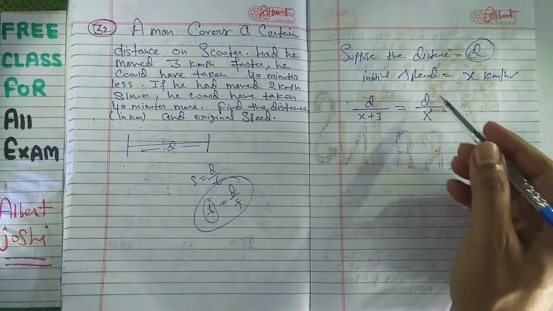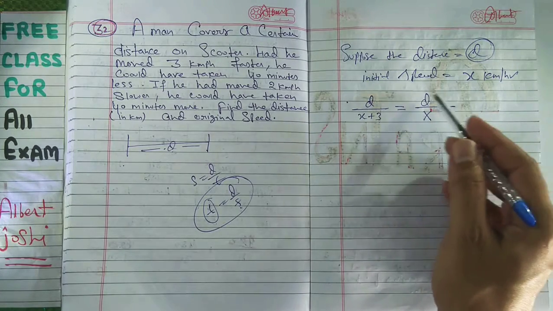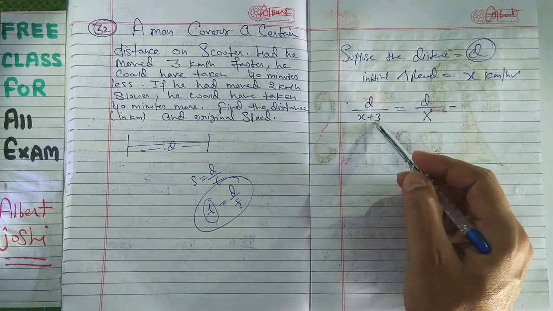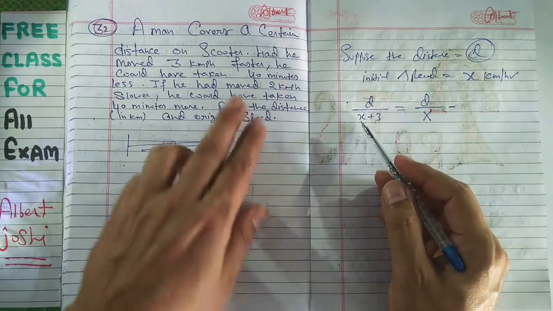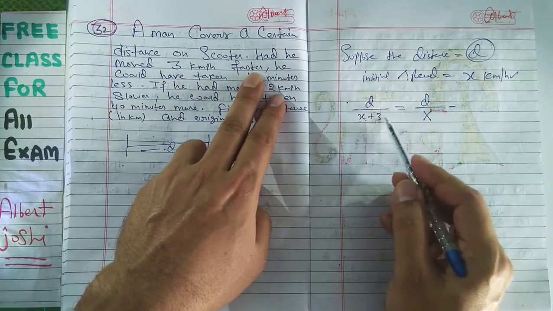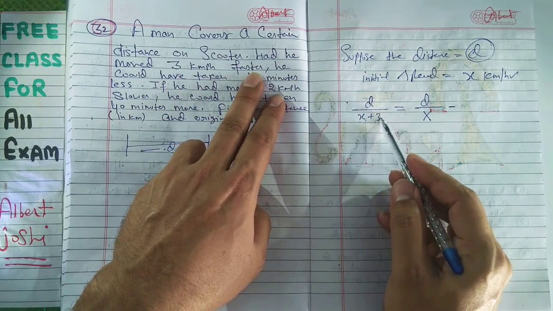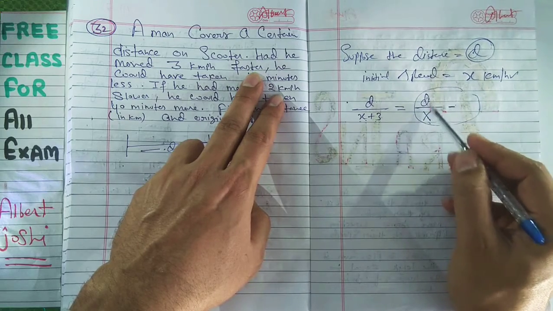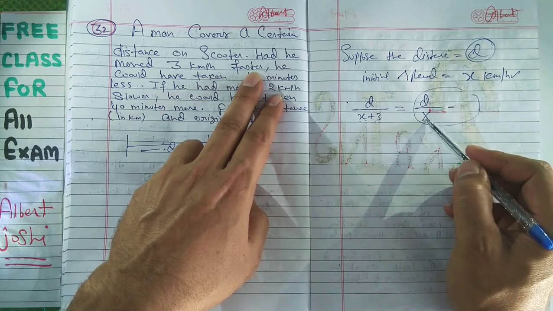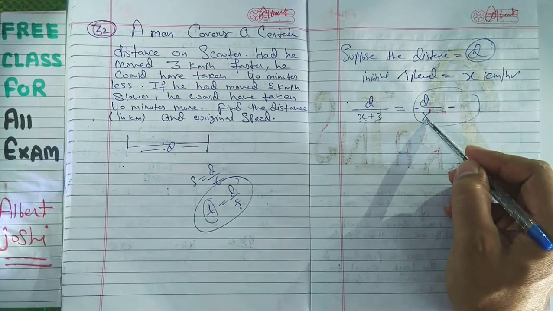Distance upon speed is equal to time. So when he increases the usual speed by 3 km per hour, d upon x is the usual time, but that is 40 minutes less.